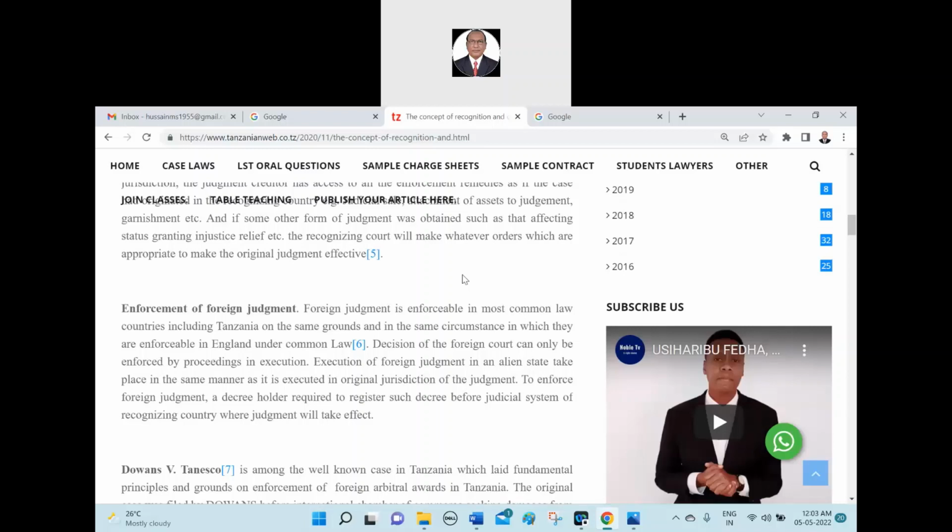The countries which are ruled by the Queen Elizabeth or whatever parliament there would be, that government, the English government, ruling the other countries, they all come under the common law countries. The decision of a foreign court can only be enforced by proceedings in execution.